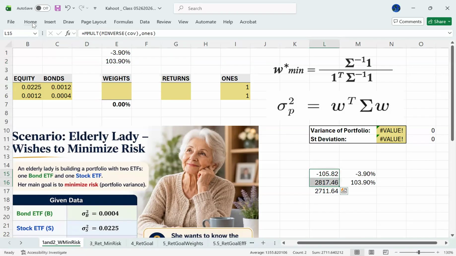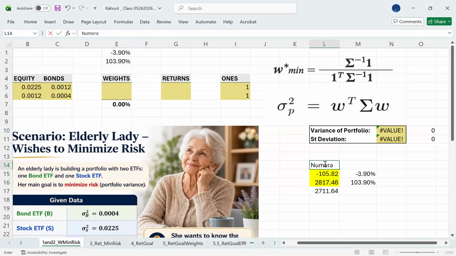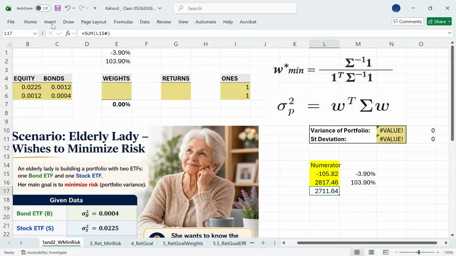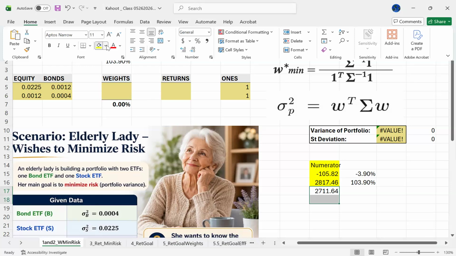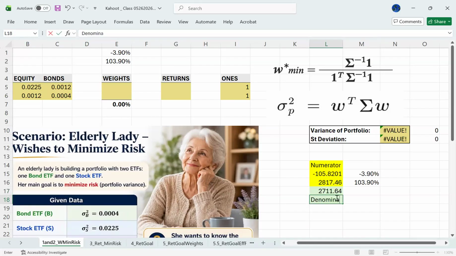So this is the numerator first, right? The yellow cell is the numerator, and then here the denominator is simply the summation, okay, of these two values that are generated in the numerator.